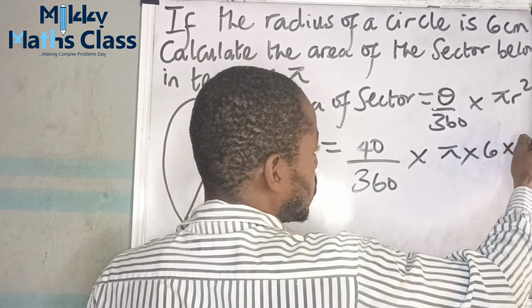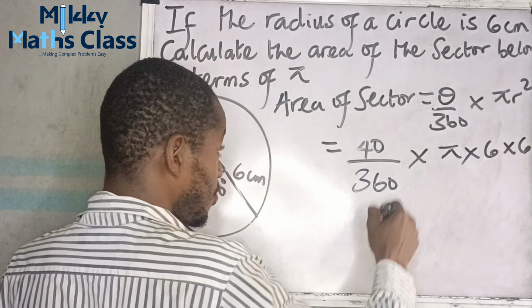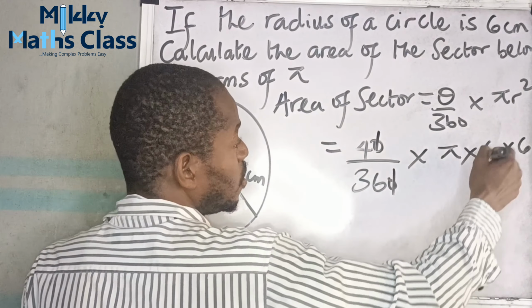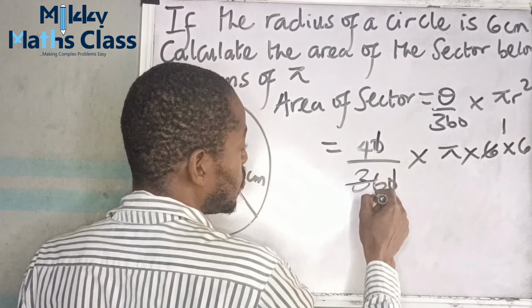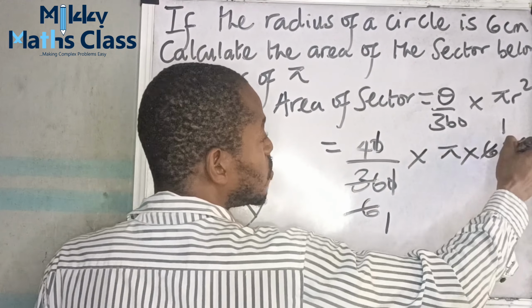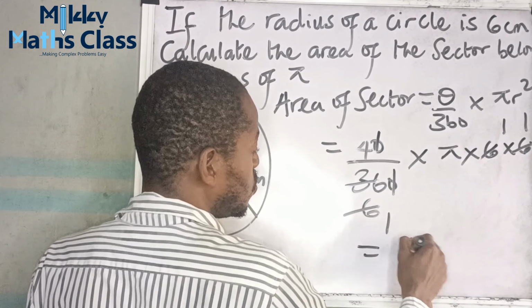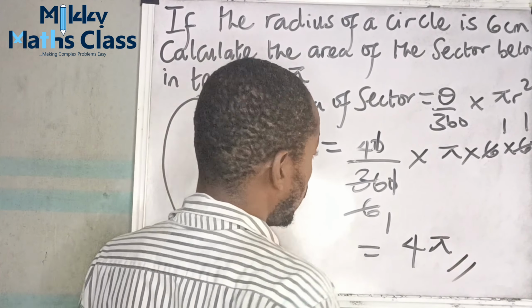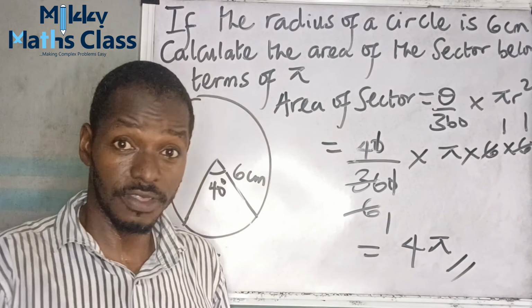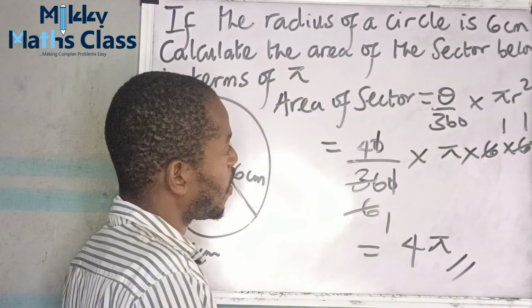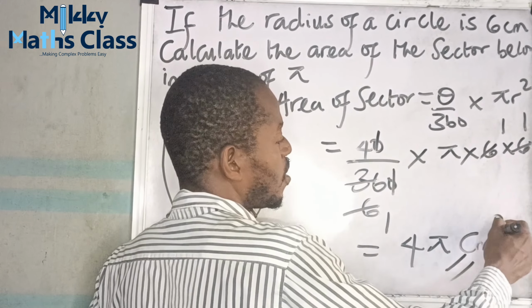So 6 times 6. From here 0 becomes 0. 6 here 1, 6 here 6. 6 here 1, 6 here 1. So we are left with 4 times pi, which is equal to 4 pi. So the area of the sector there is 4 pi centimeter squared.